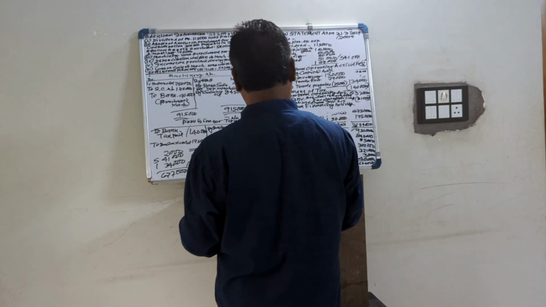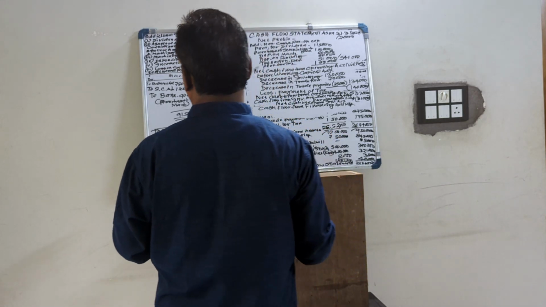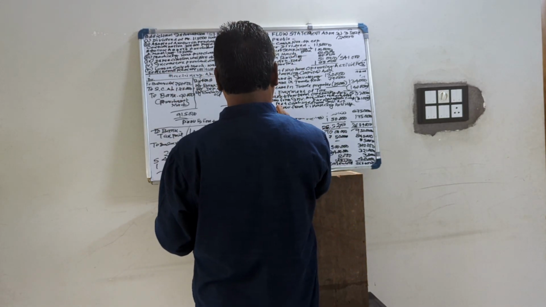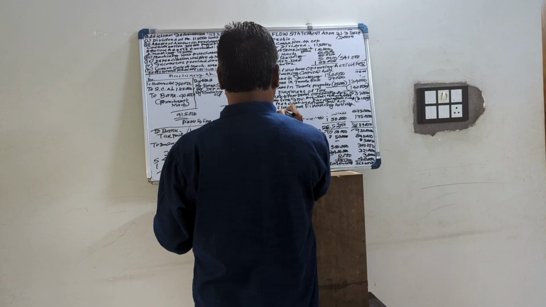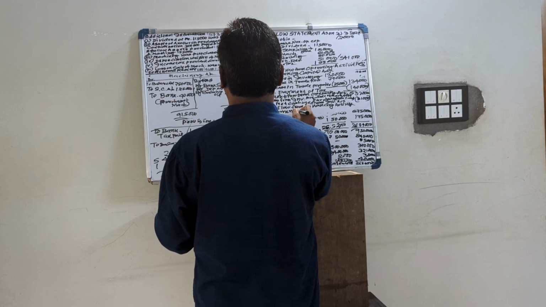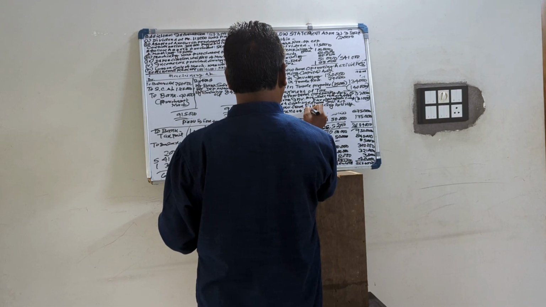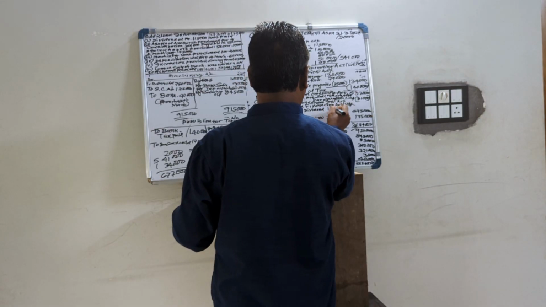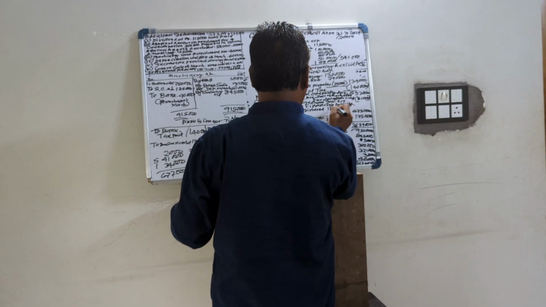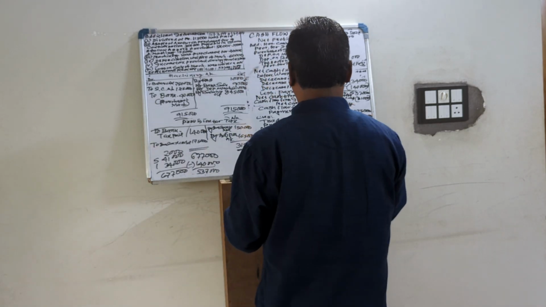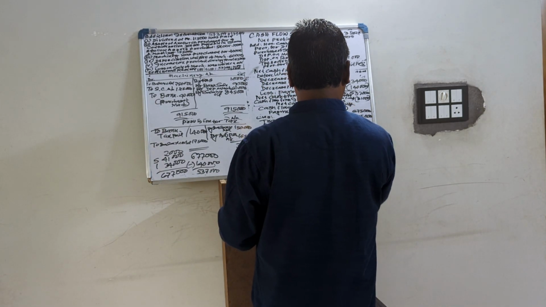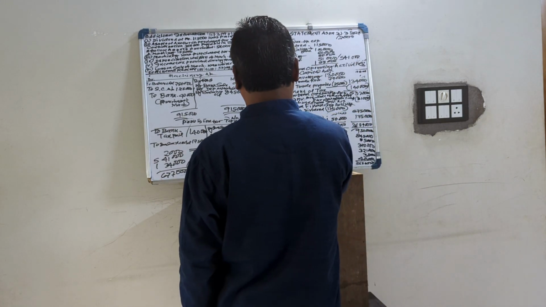One is payment of dividend, 1,15,000. That is outflow of cash, so it will be under minus or bracket.